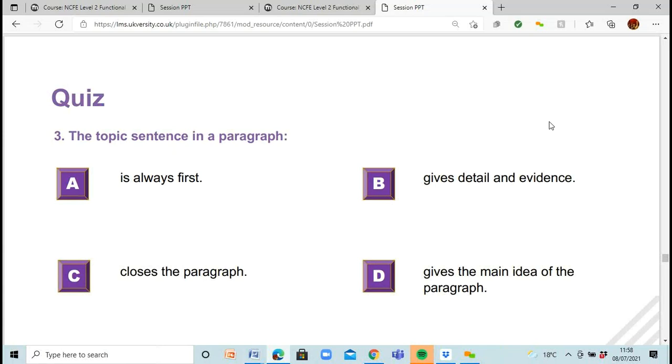A topic sentence in a paragraph is always first, gives detail and evidence, closes the paragraph, or gives the main idea of the paragraph. Now, a topic sentence can be first, and normally it is first. Overall, it gives you the main idea of what the paragraph is about, regardless of whether it's first or second.